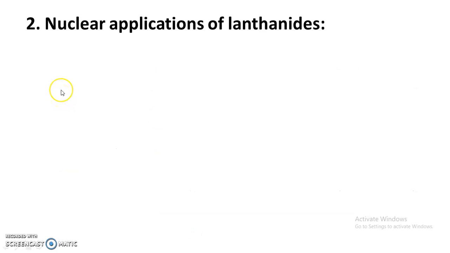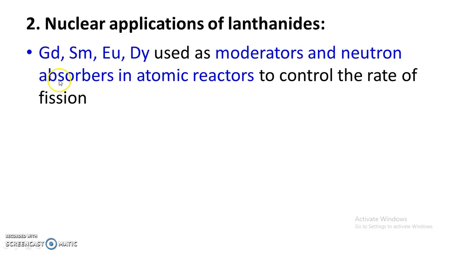What are the nuclear applications? Some lanthanides are used as moderators and neutron absorbers in atomic reactors to control the rate of fission reaction. Here gadolinium, samarium, europium and dysprosium are used as moderators and neutron absorbers in atomic reactors to control the rate of fission.